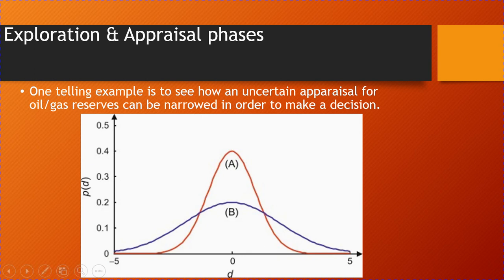So it shows you an area of interest in this place, but you still have a lot of area on the tails, and that creates an uncertainty, and it can make it difficult for your management to actually invest in such an opportunity. With our tool, we can narrow the uncertainty so much that we can get the A plot, where you don't have a lot of area in the tails, and you can be more confident on the value close to your mean, and that actually may make a non-economical case economical.